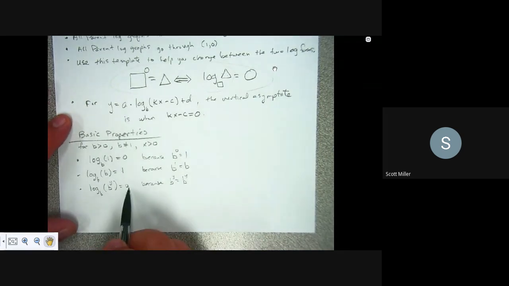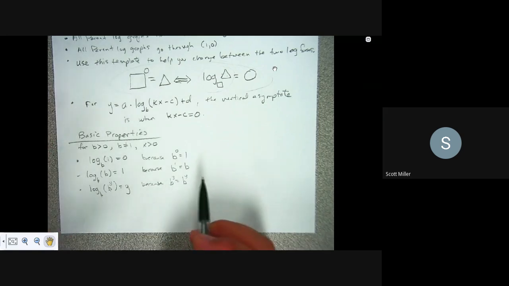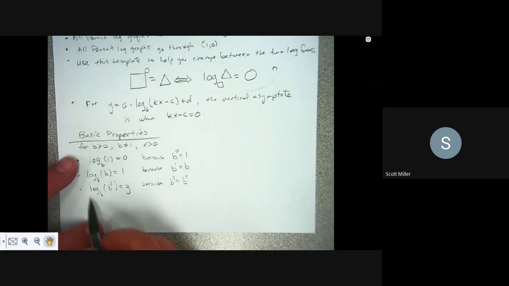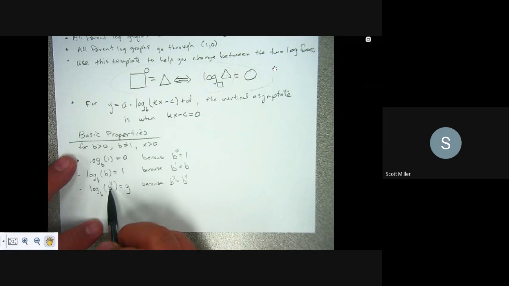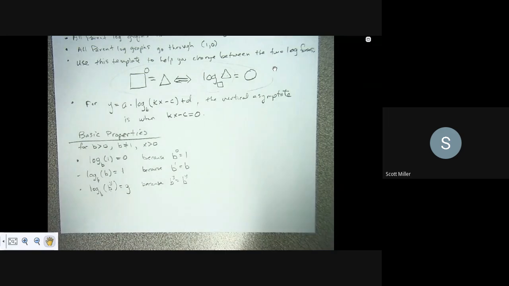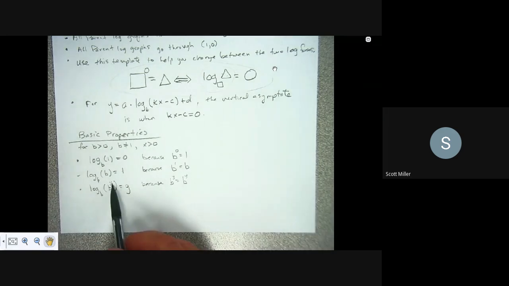Base, number, exponent has to equal that. So b to the y is b to the y. Seems pretty straightforward. Another way to look at it is this. The log base b is the inverse of base b, the exponential, and so they cancel each other out, and you're left with just the y.